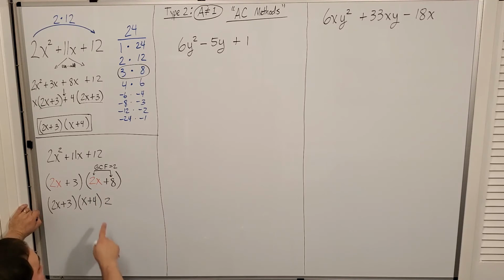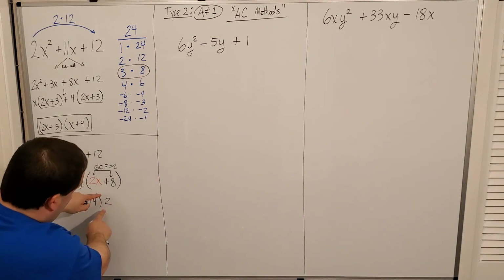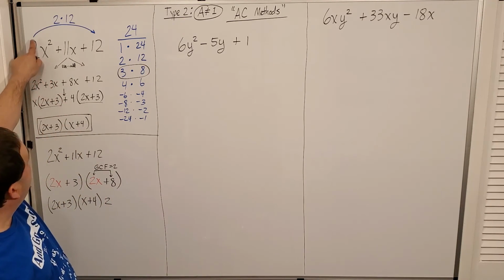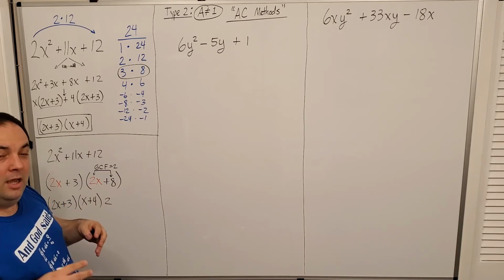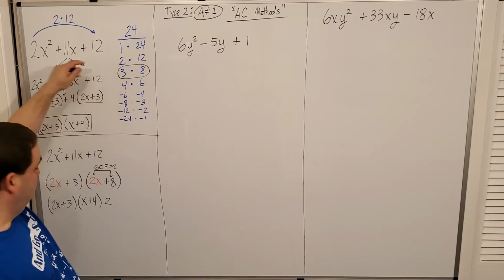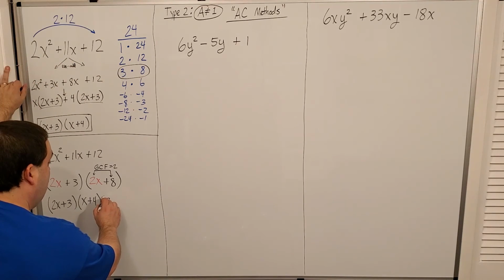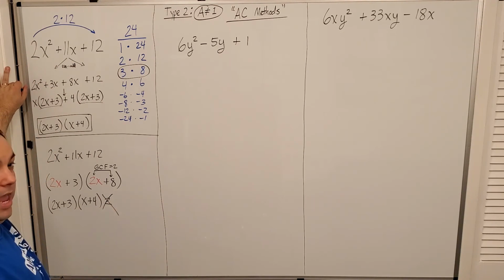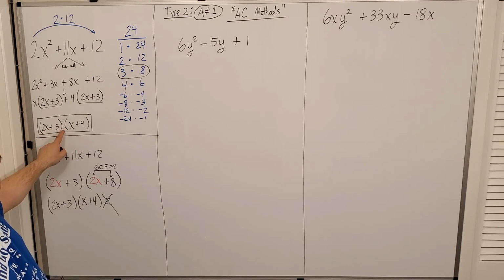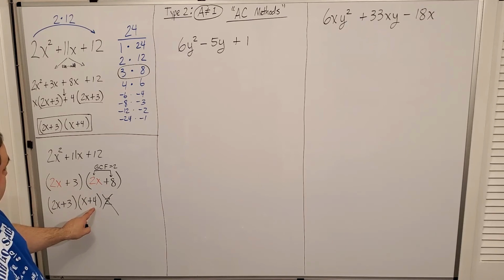Okay? But this 2 right here should not be there because it was the extra 2 that I incorporated with my little maneuver with the AC here. Okay? So basically, you can just throw that guy away. And notice I get the same answer. 2x plus 3, x plus 4.